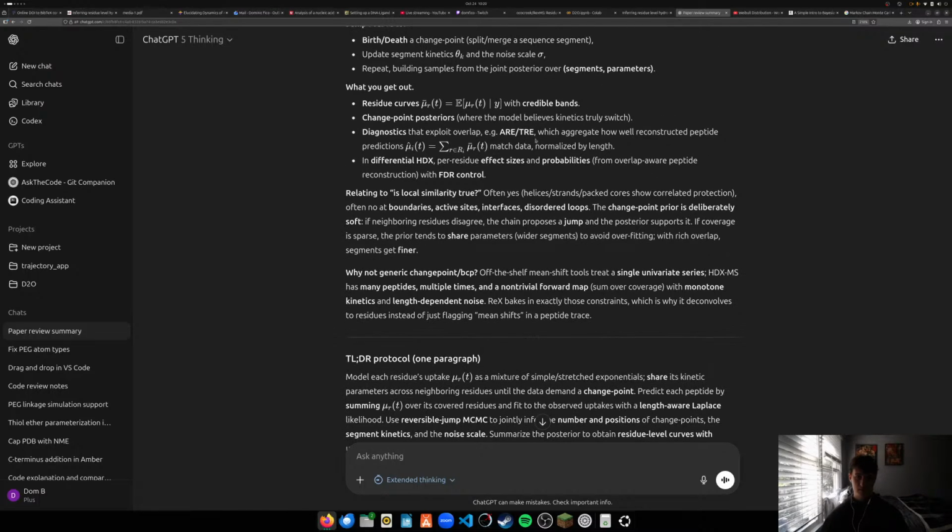When you get out, you get residue curves and change point posteriors showing where the model believes kinetics truly switch. Relating to, is local similarity true? Often yes. Helices, strands, and cores show correlated protection. Often no at boundaries. The change point prior is deliberately soft.